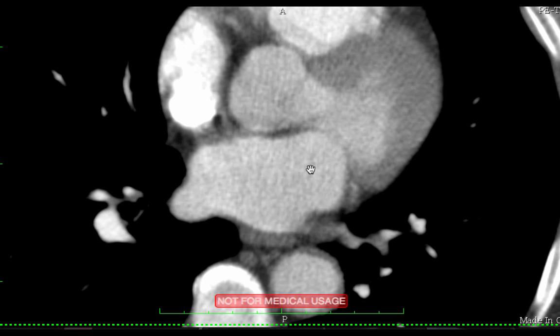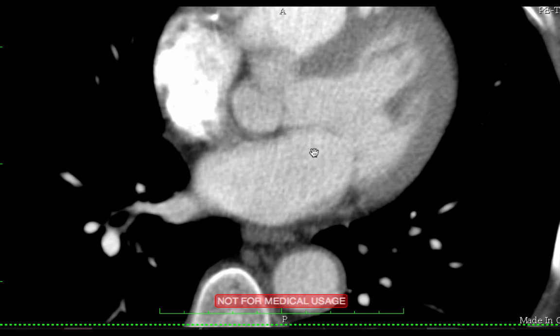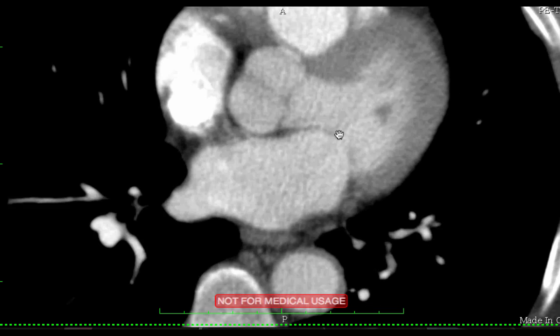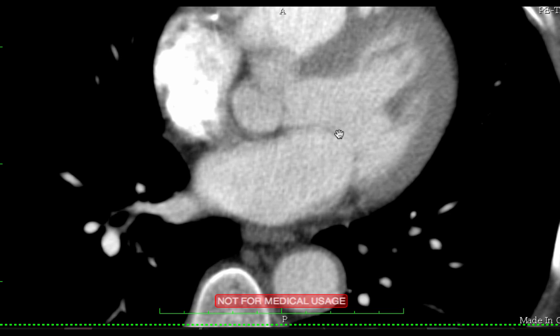And then, of course, once it's in the left side of the heart, it goes through the mitral valve into the left ventricle. And this is where we have the mitral valve leaflets that open when the atrium is contracted, and then as soon as the atrium relaxes and the left ventricle contracts, the valve leaflets shut.